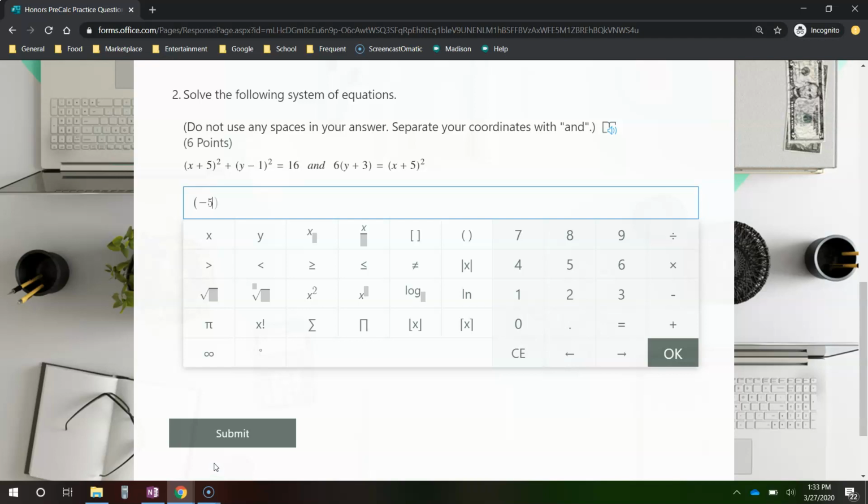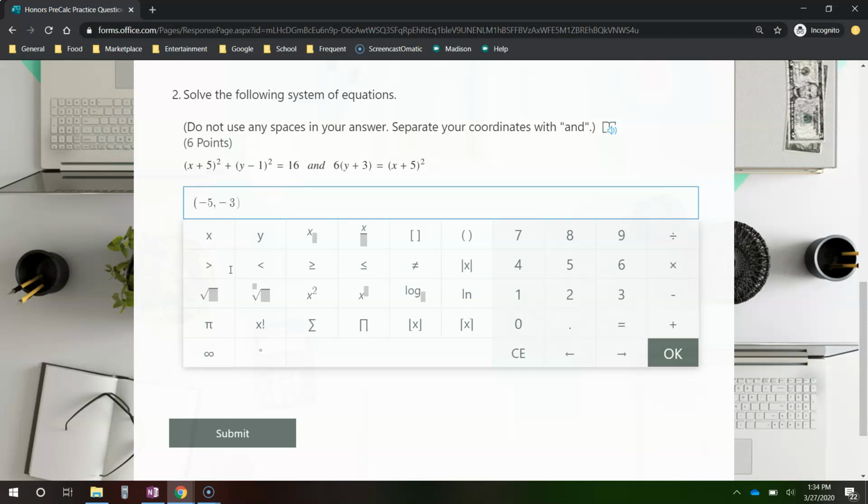That's what I'm going to do. I don't see the comma, so that was the first time I had to touch the computer keyboard. So -5, comma, -3. I'm going to use this little arrow right here to get outside of the parentheses. Notice I did not put a space after the comma. I will not touch the space bar on my computer no matter what. There are 2 more points coming.